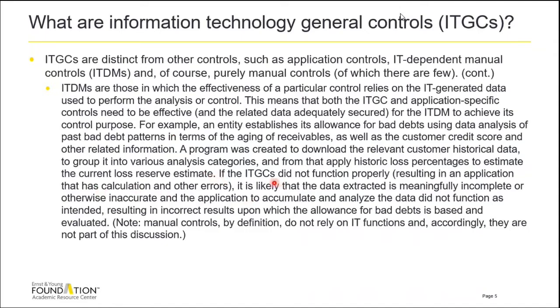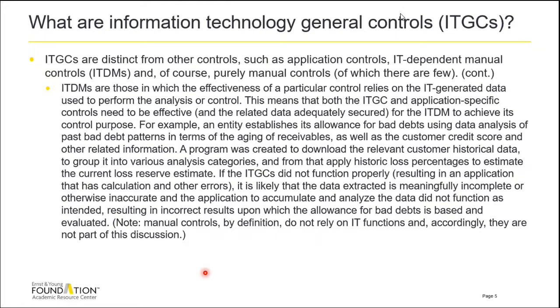So if the ITGCs did not function correctly, resulting in an application that has calculation and other errors, it is likely that the data extracted is meaningfully incomplete or otherwise inaccurate, and the application to accumulate and analyze the data did not function as intended, resulting in incorrect results upon which the allowance for bad debts is based and evaluated.